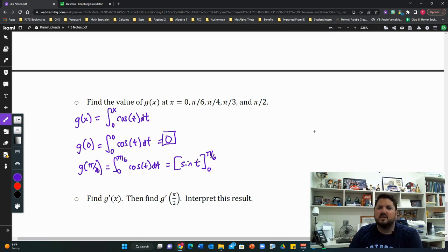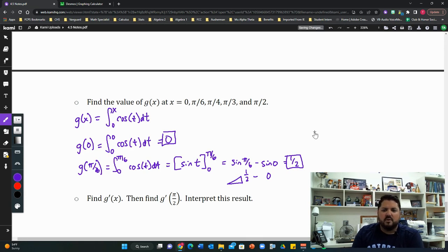Because it's t, that does not change any of the integration rules. We still carry out the fundamental theorem the same way. So I would get sine at pi over 6 minus sine of 0. Pi over 6 is the low-lying angle, so that is the small coordinate. So that's 1/2. Sine at 0 is 0, so we get 1/2.